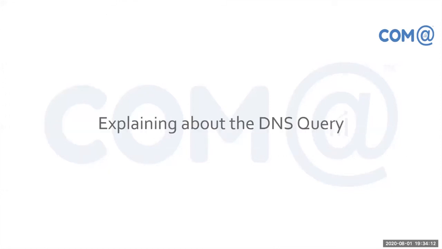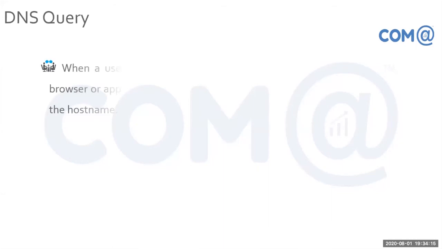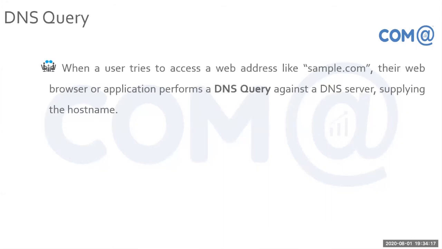And further explaining about the DNS queries. So when a user tries to access any web application or a website or any target using the name, for example sample.com, their web browser or the application performs a DNS query, that is, it requests the IP address against a DNS server, supplying the host name.